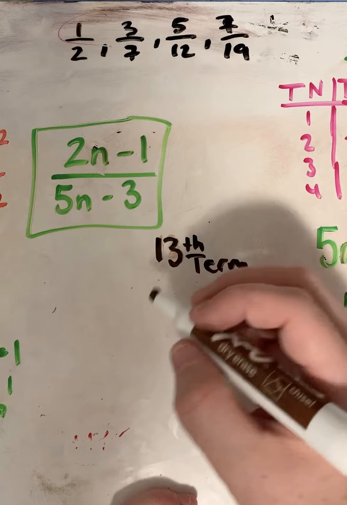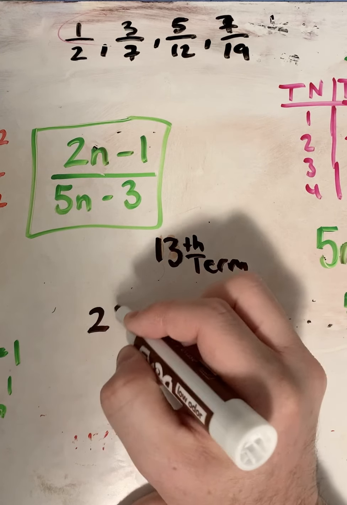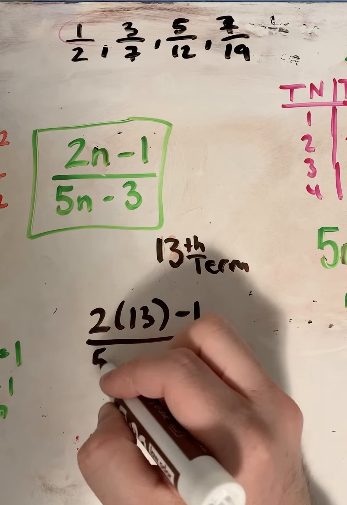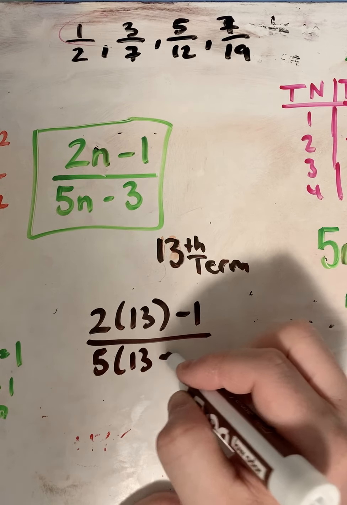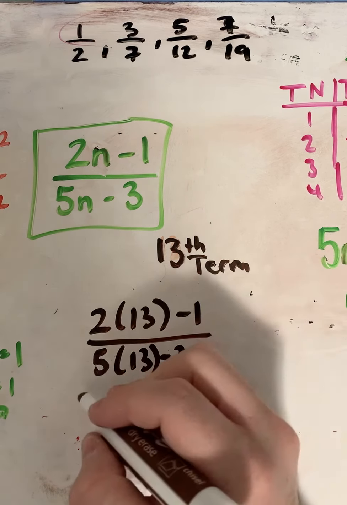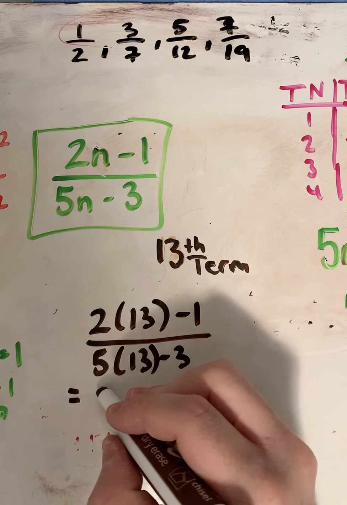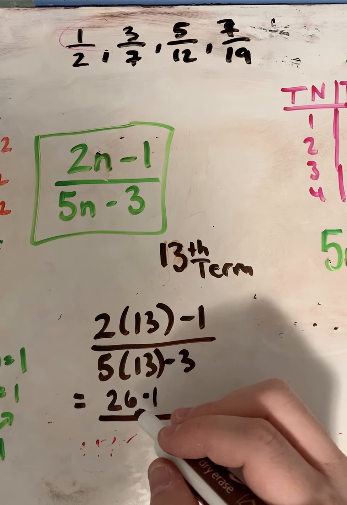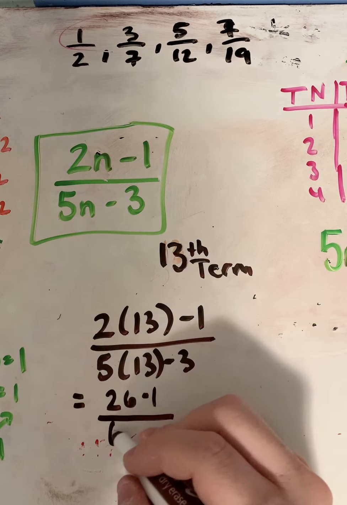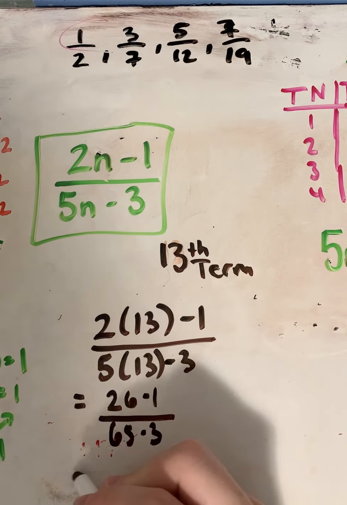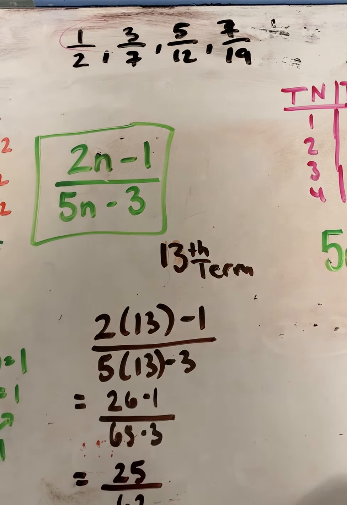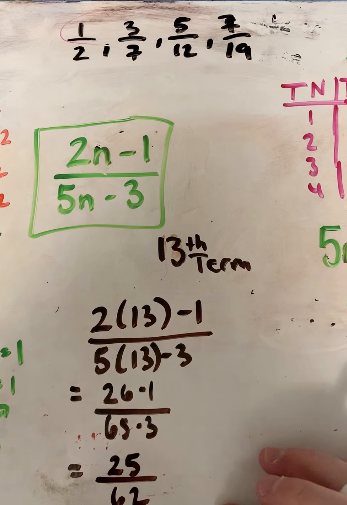So we'll say 2 times 13 minus 1 and 5 times 13 minus 3. So our next line would look like 2 times 13 is 26 minus 1, over 5 times 13 is 65 minus 3. So our final fraction would be 25 over 62. And there you go at the bottom.